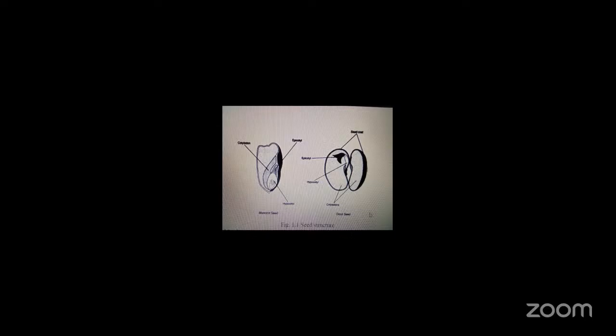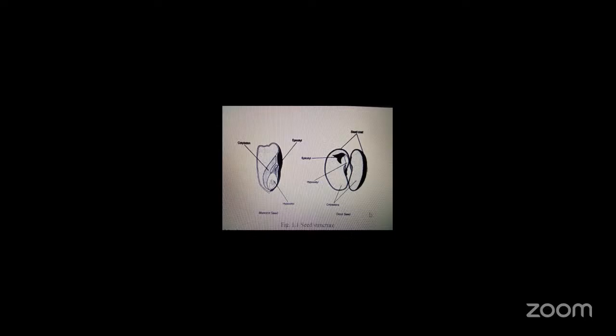The next part is the cotyledon. So what are cotyledons? It is an extension of the embryo. On the basis of the number of cotyledons, crops may be divided into two types, monocot and dicot. Monocots have only one cotyledon, whereas dicotyledons have two cotyledons.